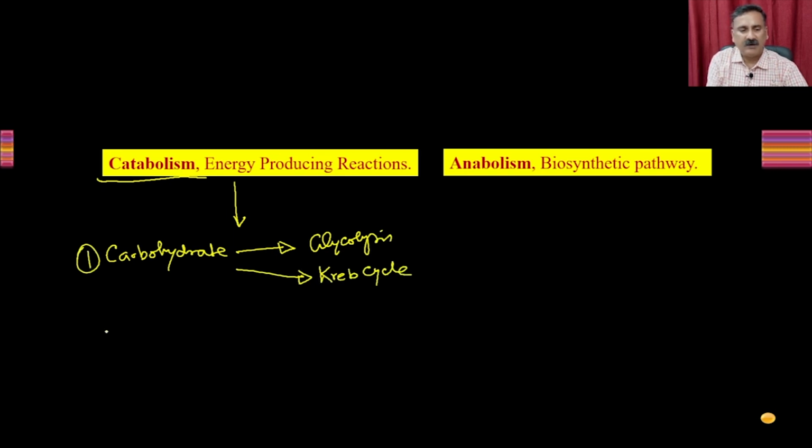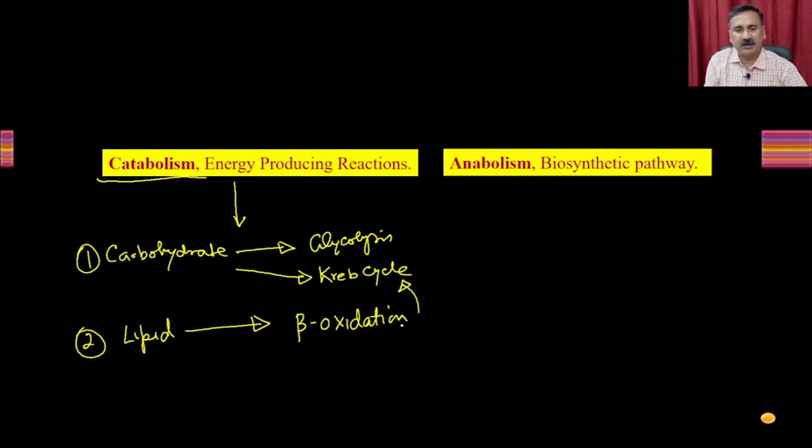Apart from carbohydrate, the other biomolecule mainly used for energy production is lipids. Lipids undergo energy production through a series of reactions collectively considered under beta oxidation. Beta oxidation is linked to the Krebs cycle: its end product is acetyl CoA, which is fed into the Krebs cycle, and that's how all these pathways are interrelated.